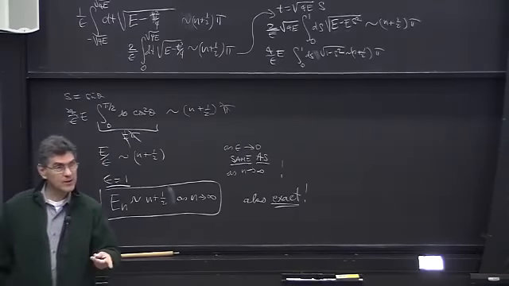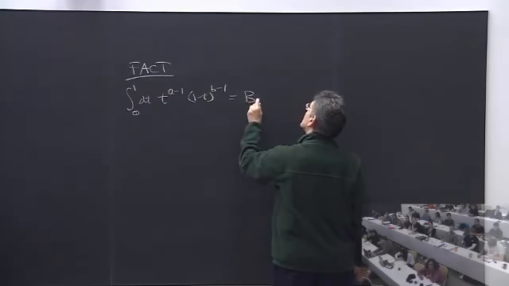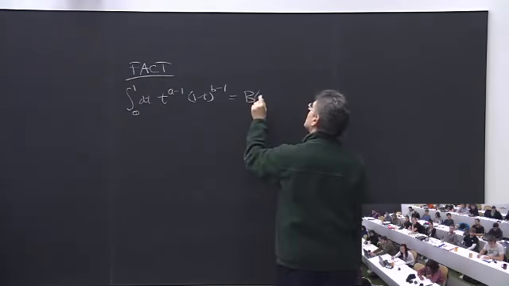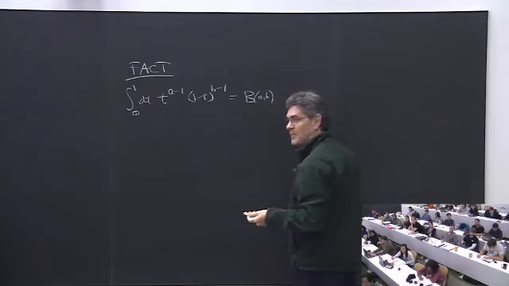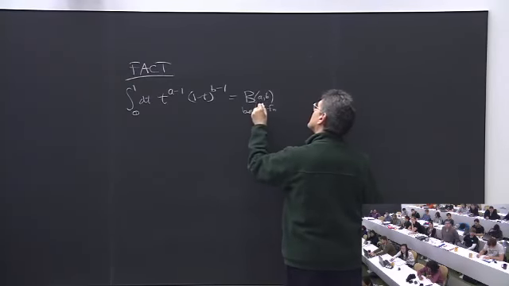Does anybody know what it is? Beta function. That's right. It's written capital beta of a, b. So this is called a beta function.